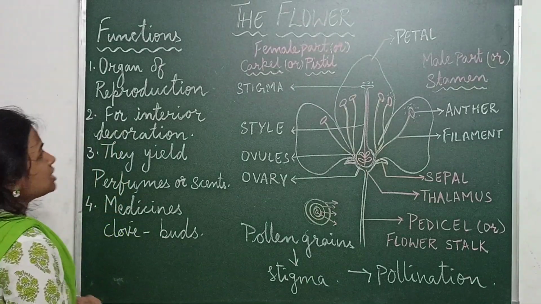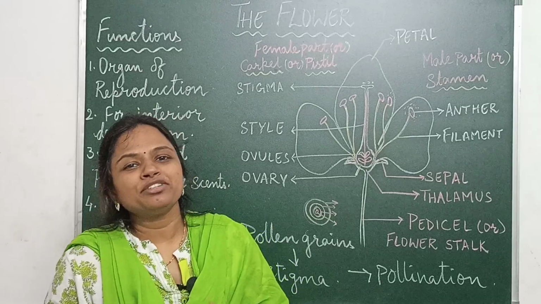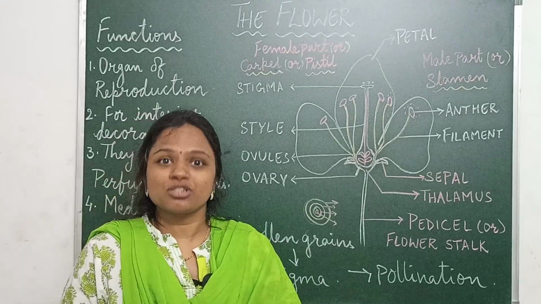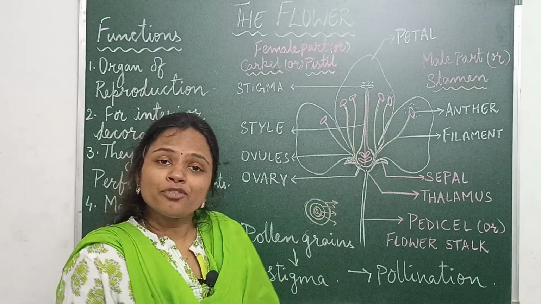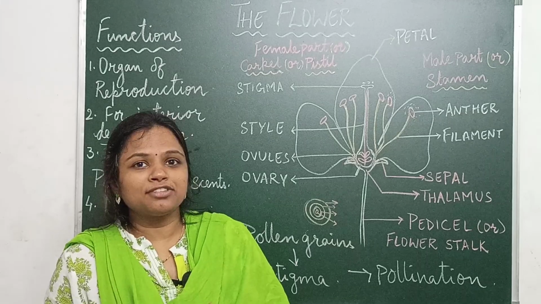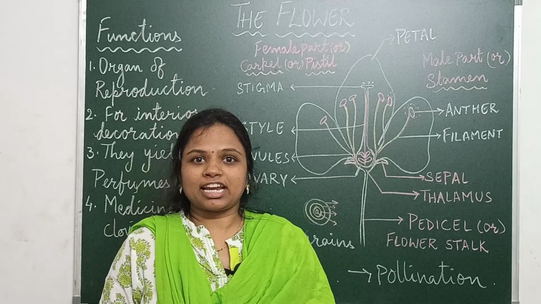The next one is, these flowers are very beautiful. They come in different attractive colors, sizes and patterns. You might have observed orchids. Orchid flowers are very colorful and their floral pattern is also very attractive.